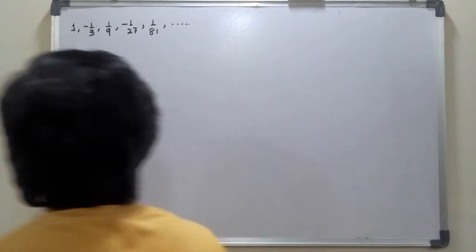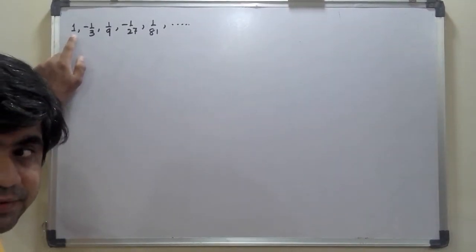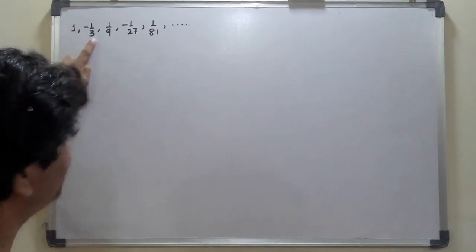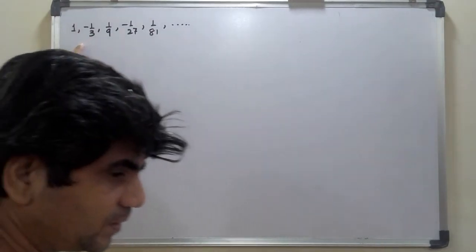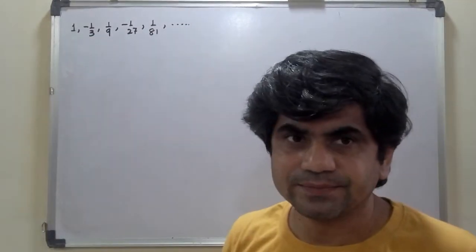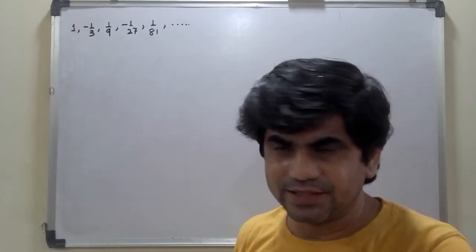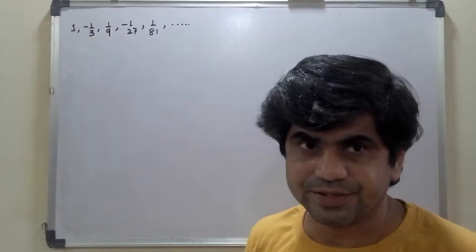Here I can see this is 1, okay, right, and this is minus 1 by 3. So I saw that by adding it is very difficult to get. After addition comes subtraction, nearly the same. So I will go with multiplication.